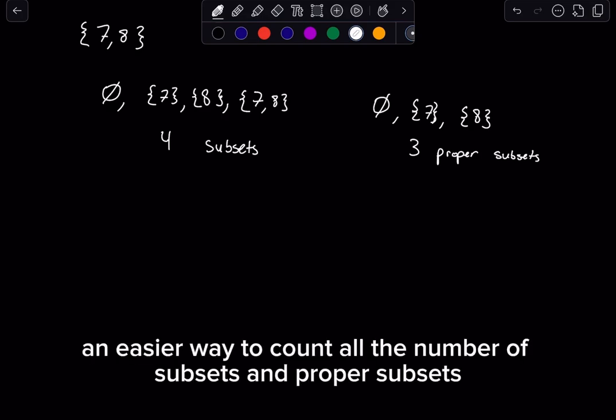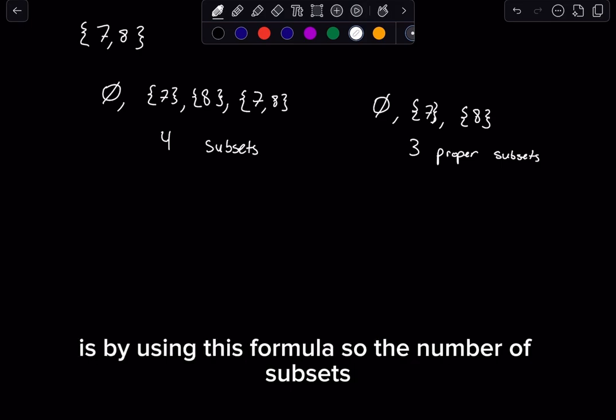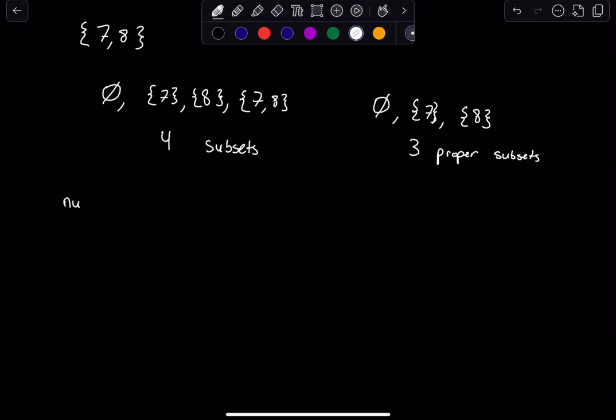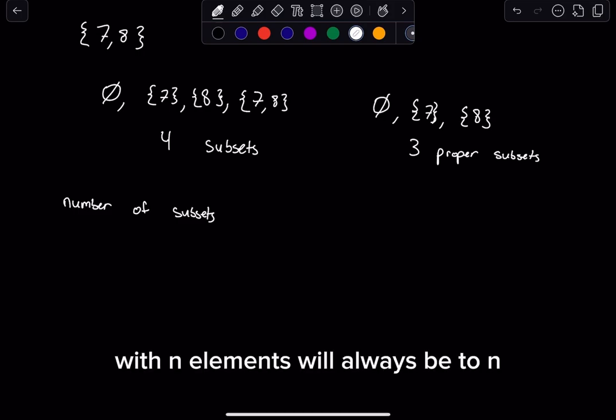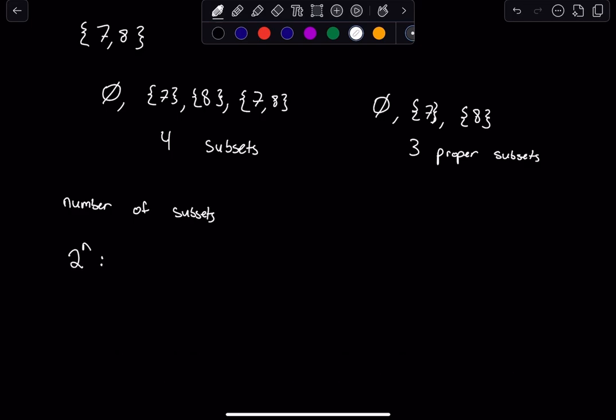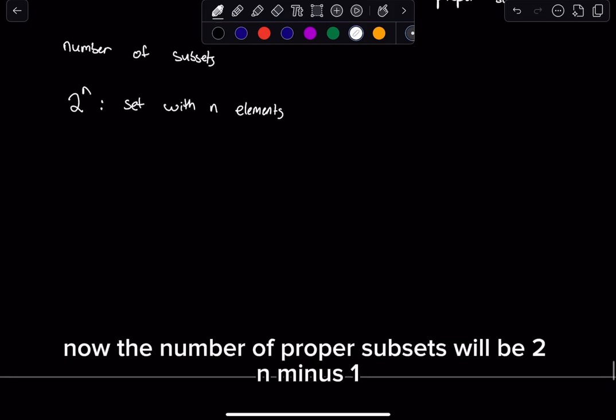Now, an easier way to count all the number of subsets and proper subsets is by using this formula. The number of subsets with n elements will always be 2^n. Now the number of proper subsets will be 2^n minus 1.